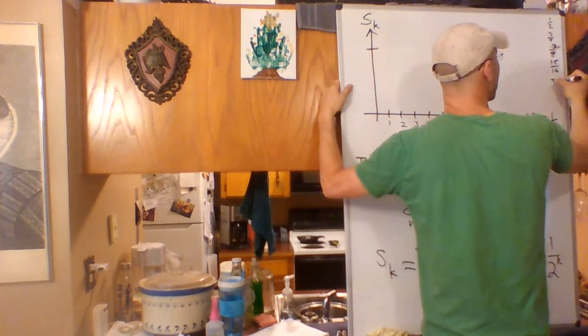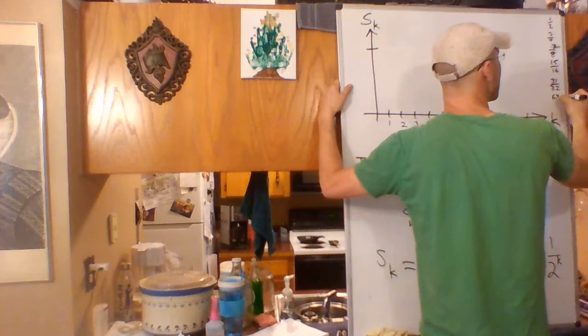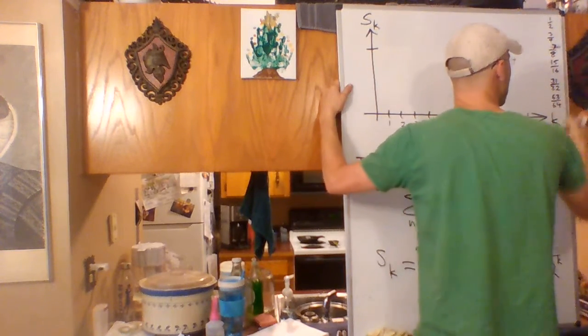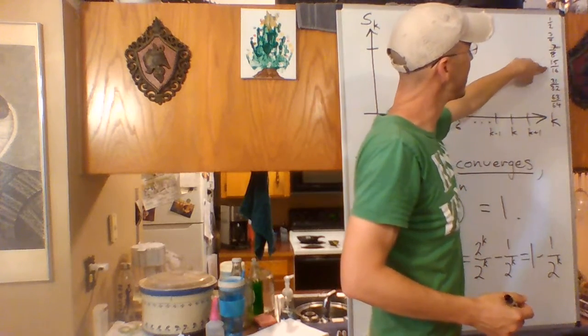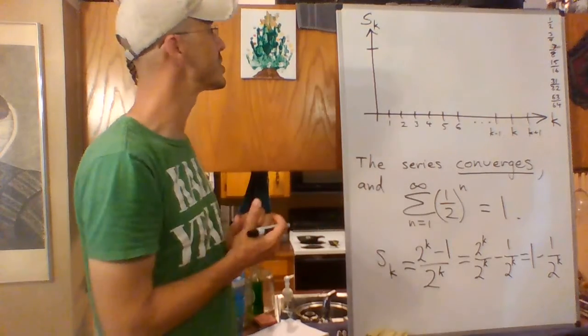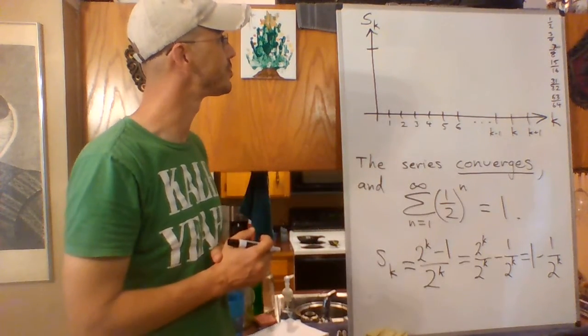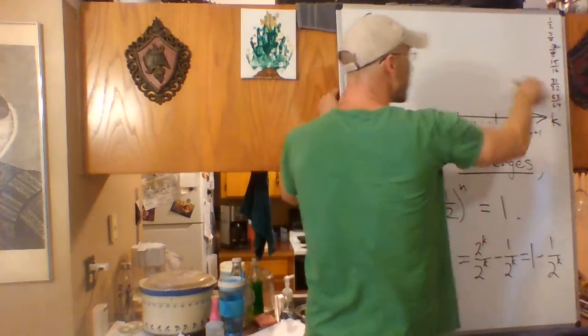The next one would be 31/32, 63/64, and so on. That's S1, S2, S3, S4, S5, S6, the partial sums of the series. I happen to know that these are getting closer and closer to 1.